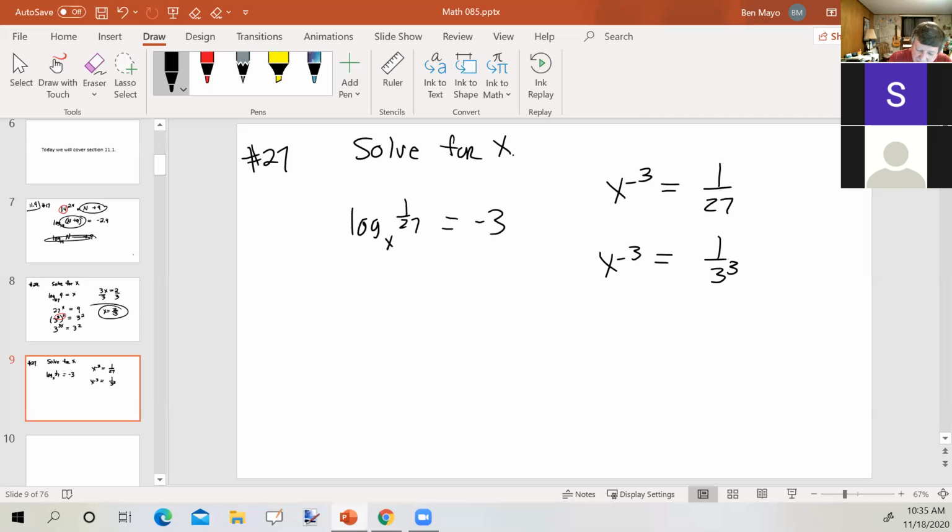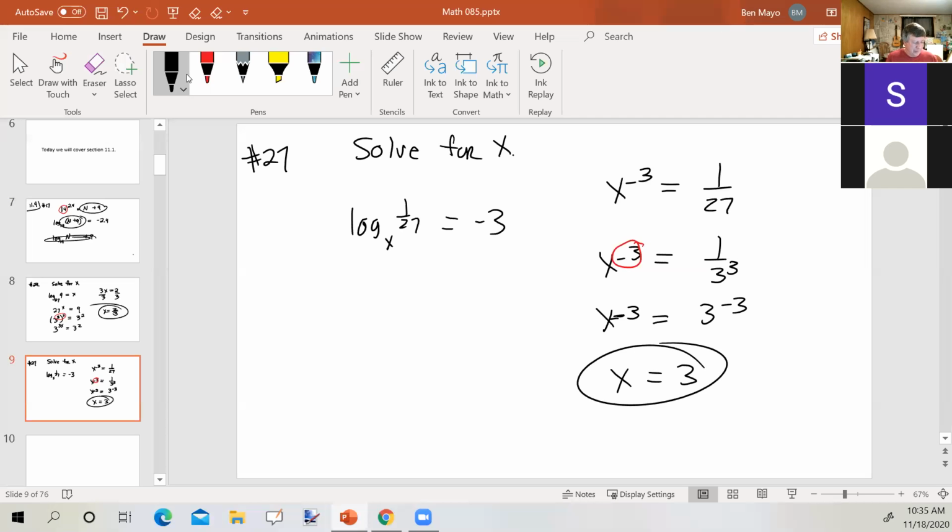But in this case, we're going to do that because we want to match this. So now I can take the right side and make this 3 to the negative 3 power. Okay, well, x to the negative 3 equals 3 to the negative 3, therefore x equals 3. Any questions about that one?